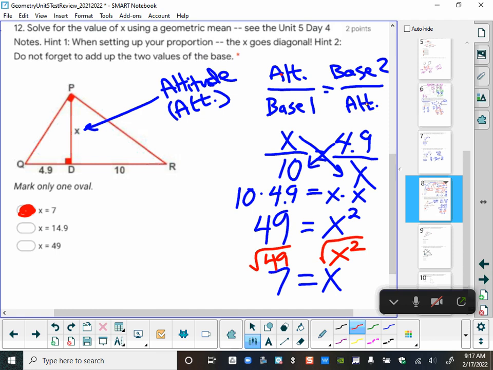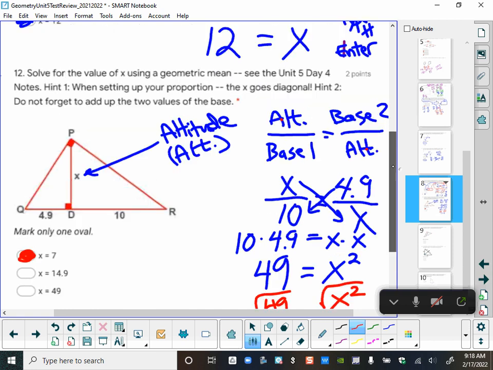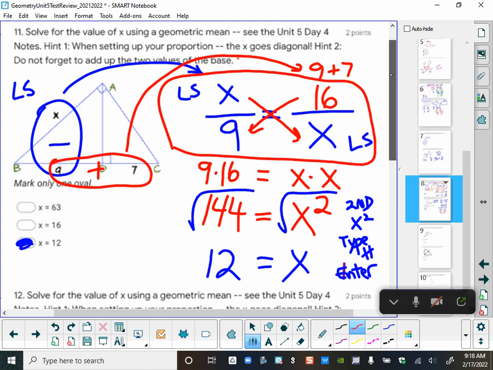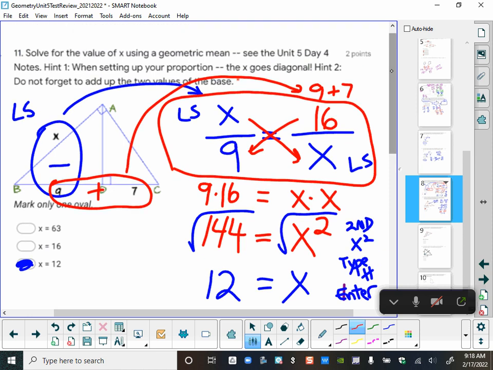I'm going to show you how they're much easier. Let me know when you're ready. If you don't understand these two problems right here, I think these two are going to be the toughest problems on the whole test.